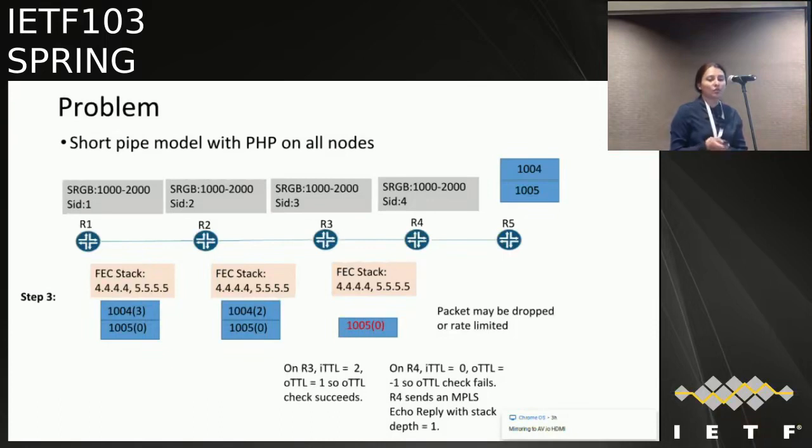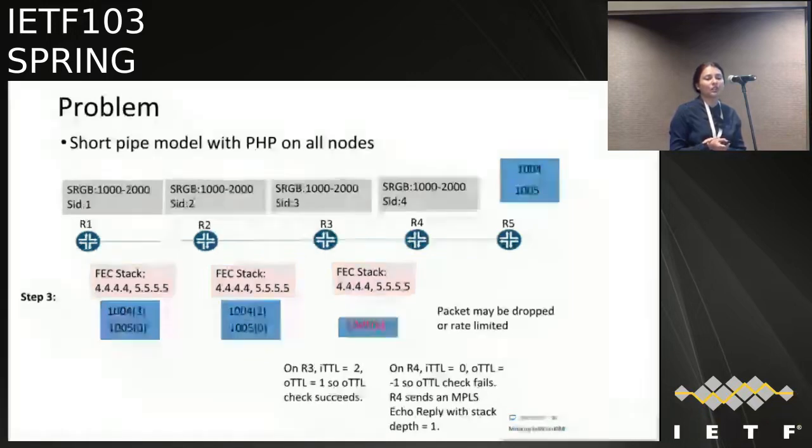Even if we assume that the packet is punted to R4 and then R4 generates an egress return code, the next step will again have a problem. Now R4 generates that I am egress, so we are done with tracing the first tunnel, and now we start tracing the next tunnel, which is 1005.